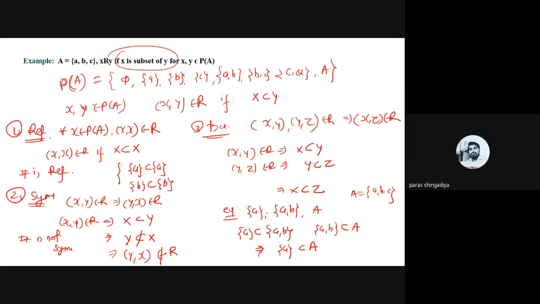Clear? So therefore it is the transitive form. Proved that (x, z) is also part of the relation, and therefore it is a transitive relation. Okay, so here one of the conditions, symmetric, is not proved, so therefore it is not an equivalence relation. Is this example clear?